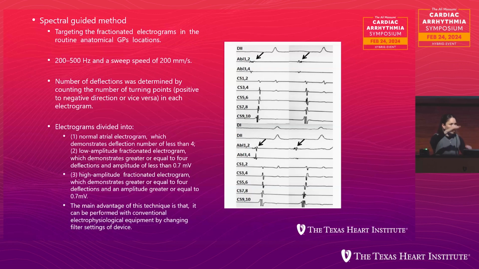So it's crunchy and a little higher voltage, a multi-component signal with higher voltage. If you see lower voltage than 0.7 and it's not quite where a GP should be, then it's probably scar, right? So you move away from that. You want to target the areas that have all of those characteristics.